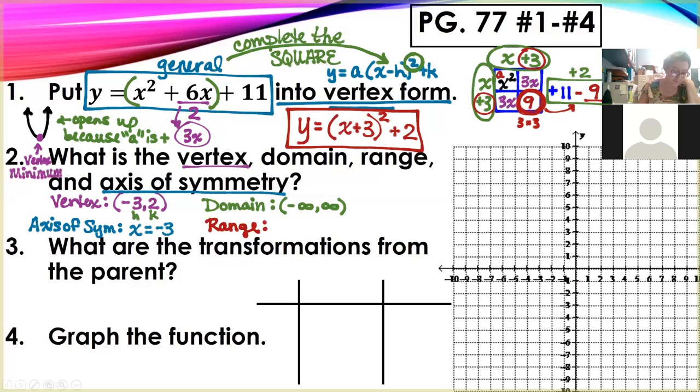And that's important for me to know, because that means my range is going to start there. That's the lowest it ever goes, and then it goes up forever. So when I'm talking about lowest and highest, those are Y value things. Range tells me about the Y values. So look at the Y part of the vertex. That's the lowest this ever goes.